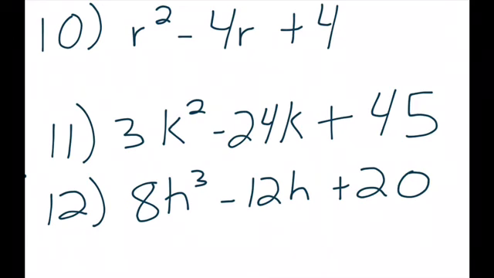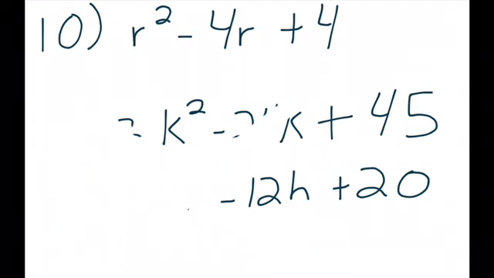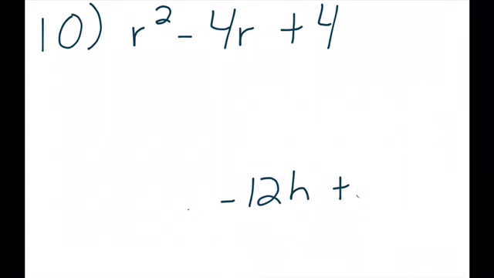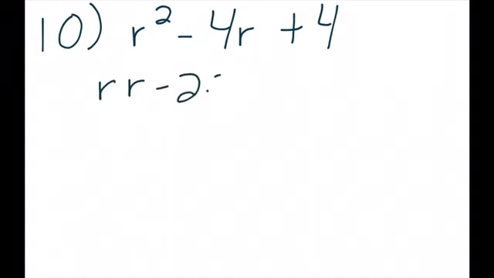Okay, let's go over number 10. Go ahead and erase these here. Okay, so first of all, is there a GCF? If I write it out, I have r times r, minus 2 times 2 times r, plus 2 times 2. So I can see there's no GCF because they don't have anything in common. So that means I'm going to use X games.